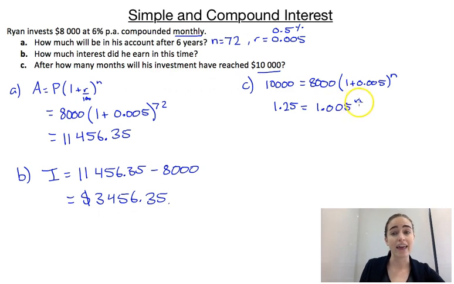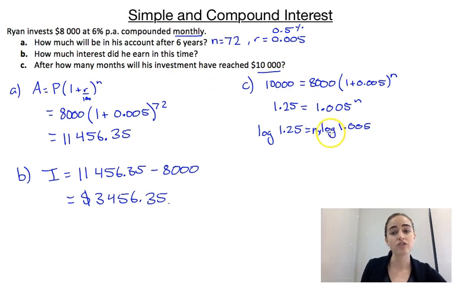Now we need to get that n on its own. So there are two different methods of doing this. It's up to you which way you do it, but we are going to use logs. So if we take the log of both sides, we'd have log of 1.25 equals log of 1.005 to the power of n. Now we can bring that n down the front using our log laws.